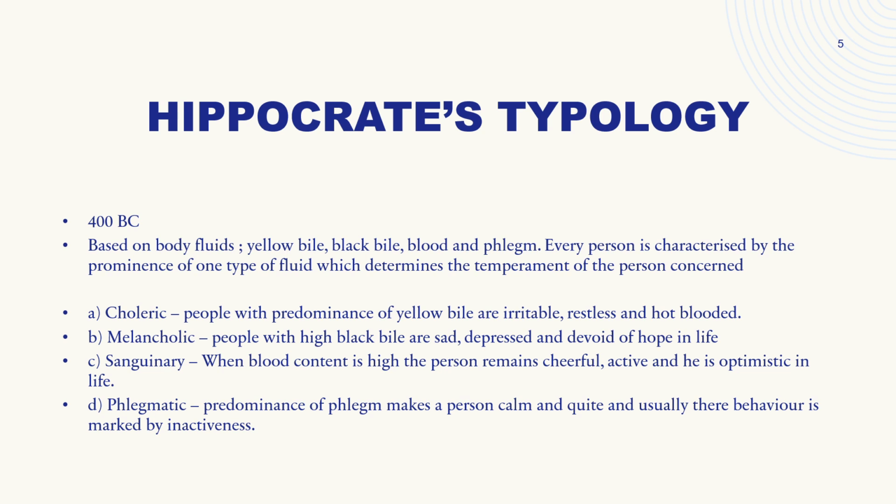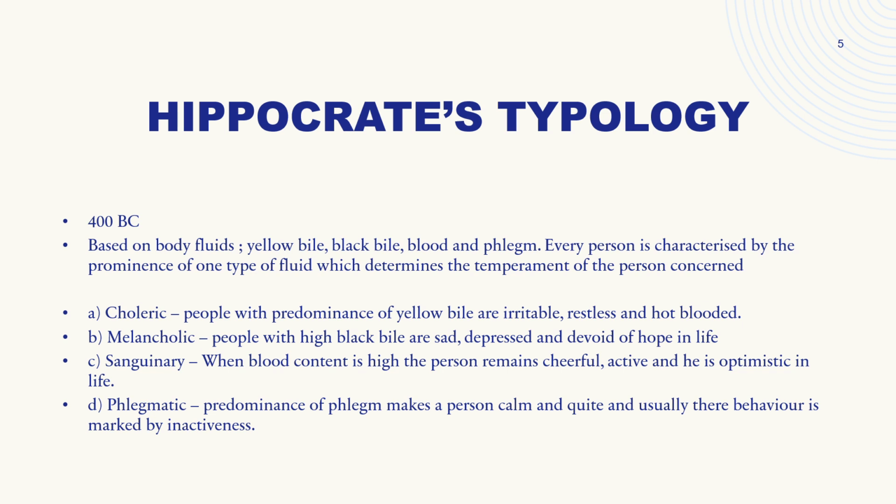What is Hippocrates typology? Hippocrates gave his classification of types in 400 BC. He did his classification based on the body fluids which we have in our body. There are basically 4 of them. Those are yellow bile, black bile, blood and phlegm.